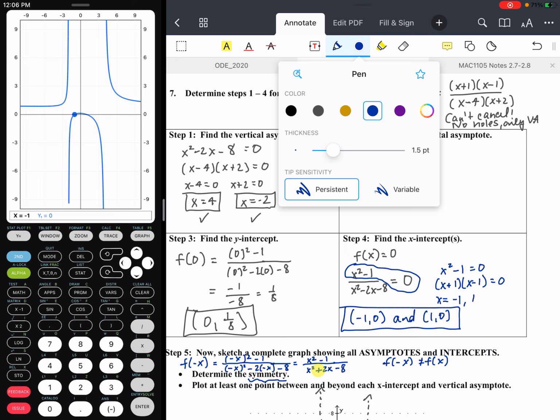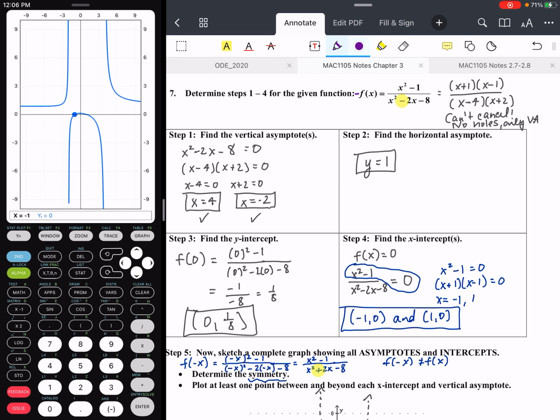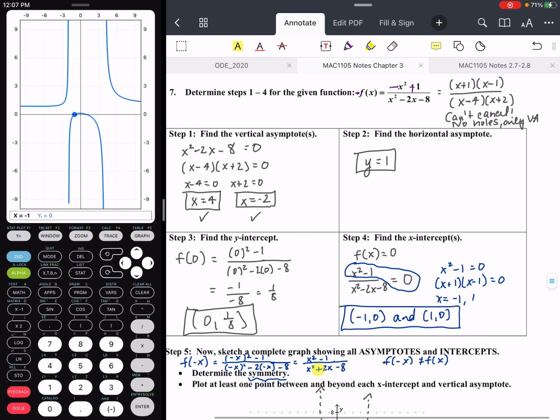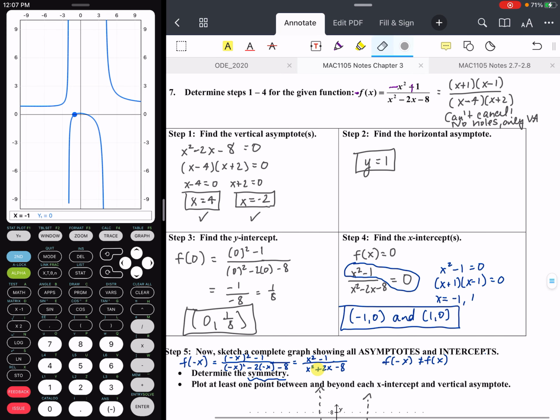And checking for odd functions, in this case, I would have all different signs. So if I had negative f of x, I would either have negative x squared plus 1, and then my denominator would be unchanged, but that's not what I see down there. Or alternatively, if I had negative f of x, I could also keep the numerator the same, and then I would have negative x squared plus 2x plus 8. But again, that's not what I see down here.